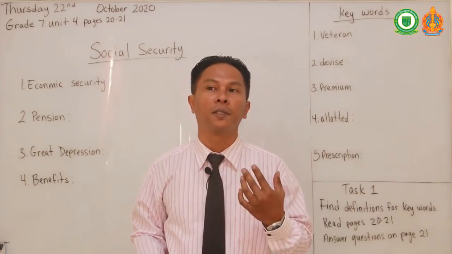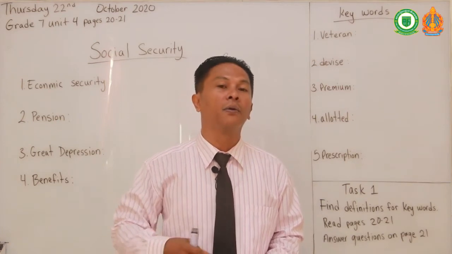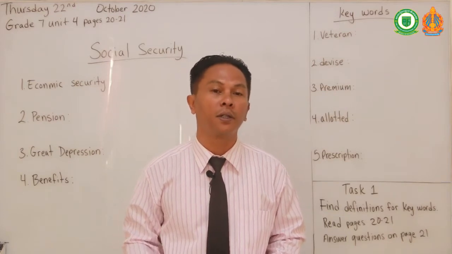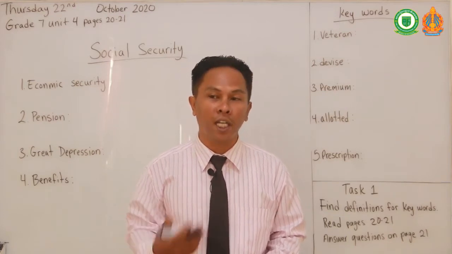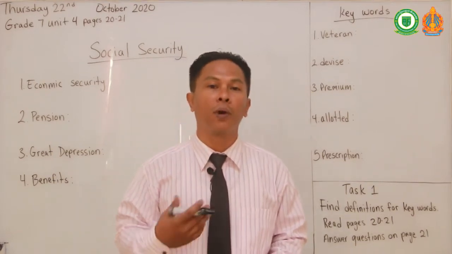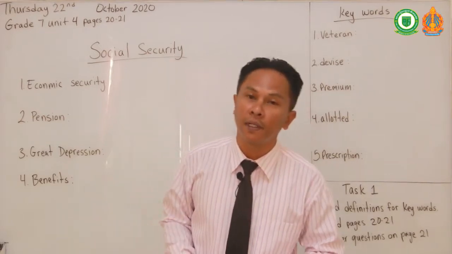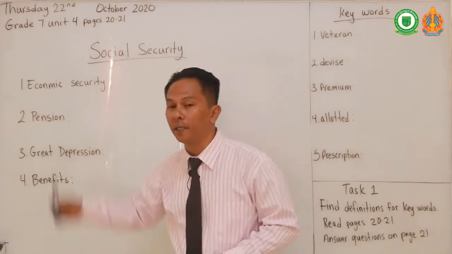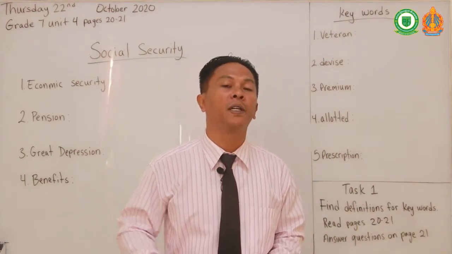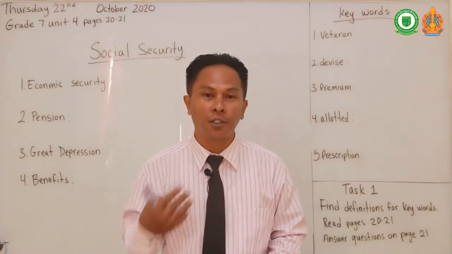When you turn 65 and can no longer work because you're old, or if you're disabled, you could receive money from Social Security. Disabled means you had an accident or were born with a disability. Social Security is a way of helping us when we get older, because we cannot work and have nothing else to rely on.